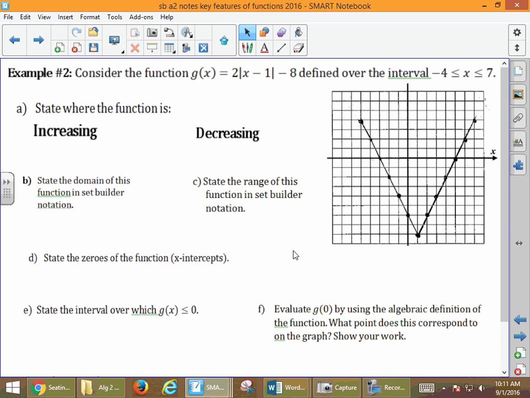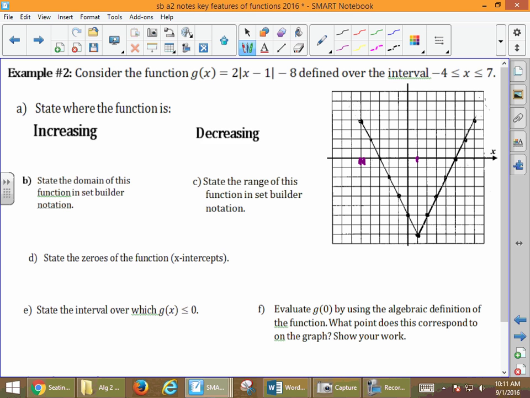So if we want to state where the function is decreasing, we're looking at where, and those are going to involve the x values. So 1, 2, 3, 4, 5 here. I'm going to put a mark right there, and we're going to be going downward until we get to the very bottom point, so I'll put another mark here.